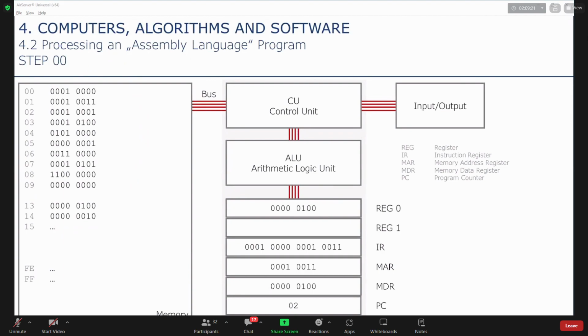Now, in step 0, our program counter was at 0. So we loaded this command into the instruction register. Let's maybe use some colors here again.